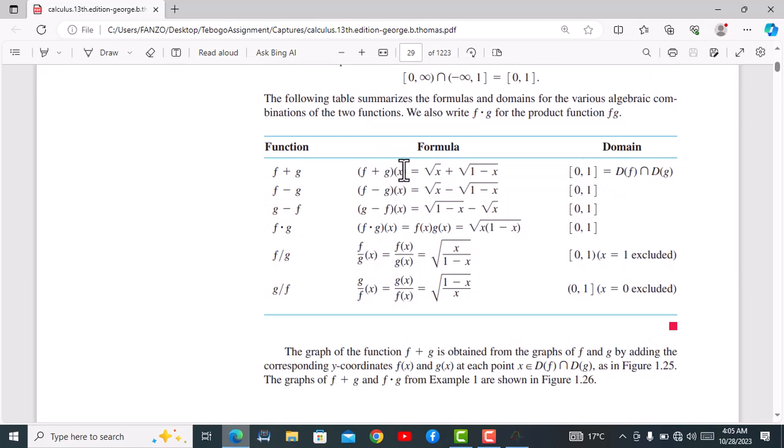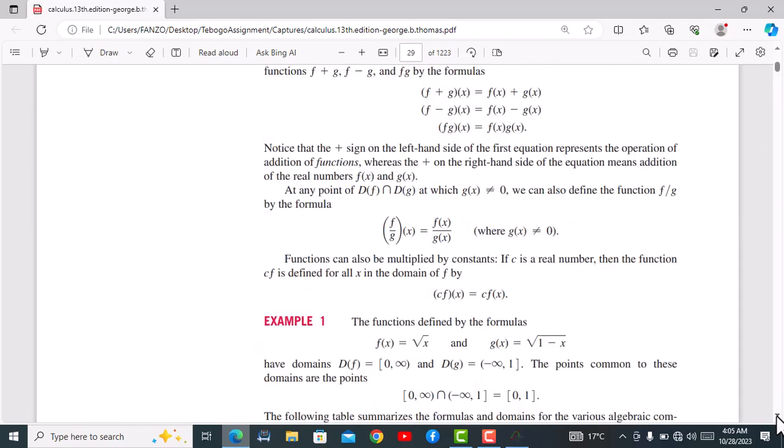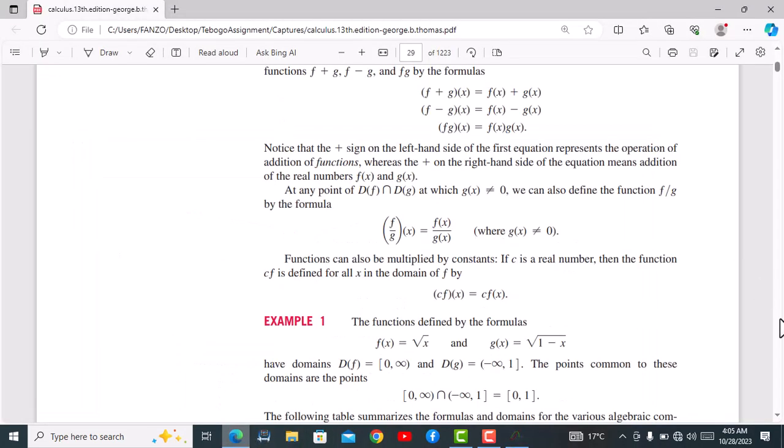So that is why when we come here, the domain, remember, on the left hand side this is the operation, but on the right hand side the addition sign deals with what? Sorry, the addition sign on the right hand side of the equation means addition of real numbers.